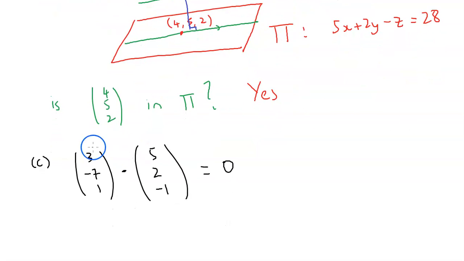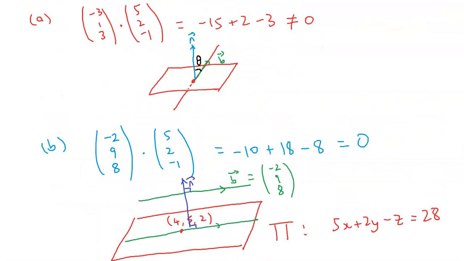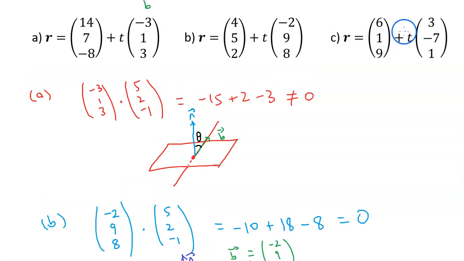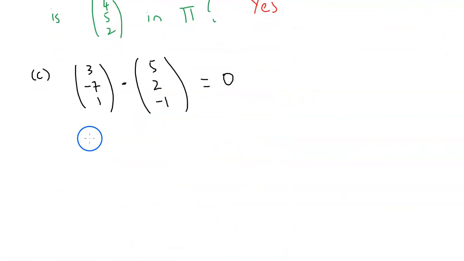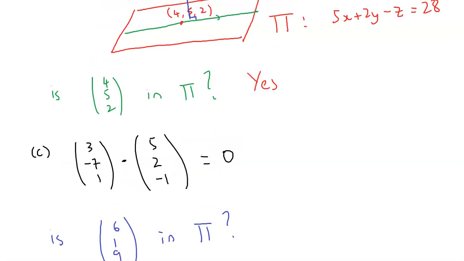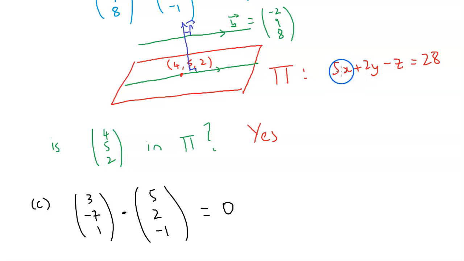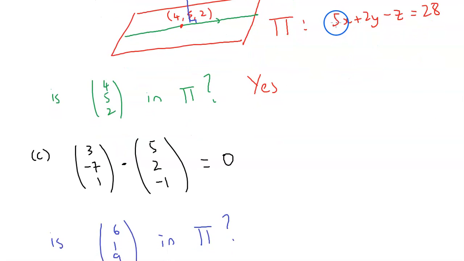Okay, well, in order to see which situation it is, we just have to check whether a point on this line is contained in the plane or not. So (6, 1, 9). Is (6, 1, 9) in the plane pi? So we just check using this equation. 5 times 6 is 30, plus 2 times 1 is 32, minus 9 does not equal 28.